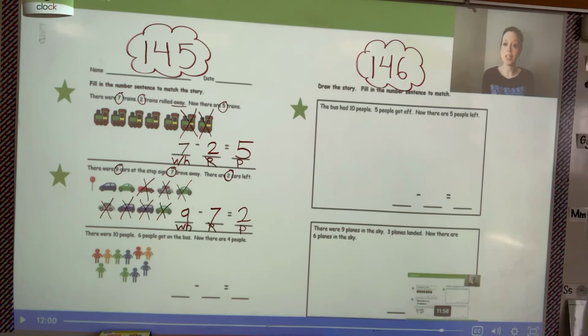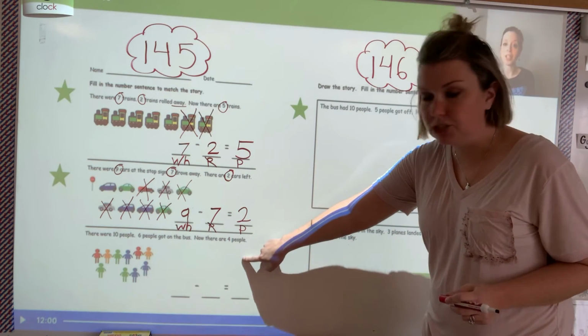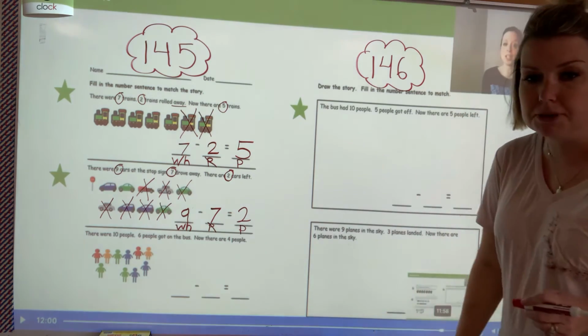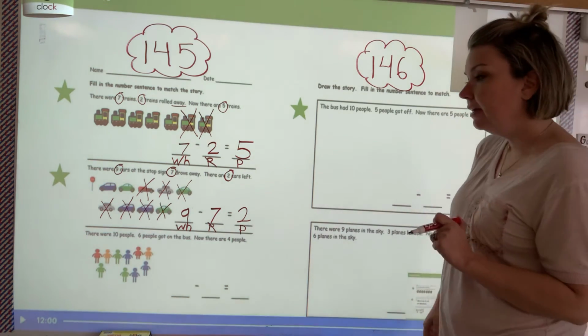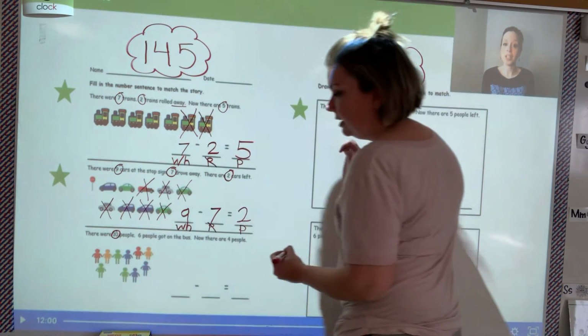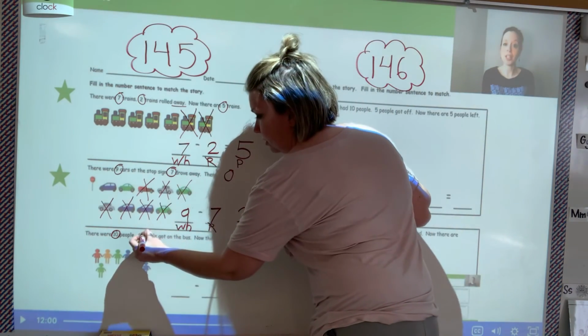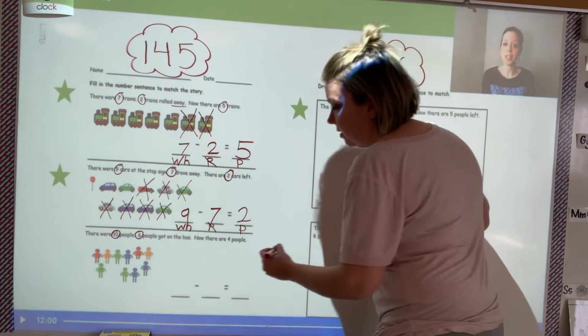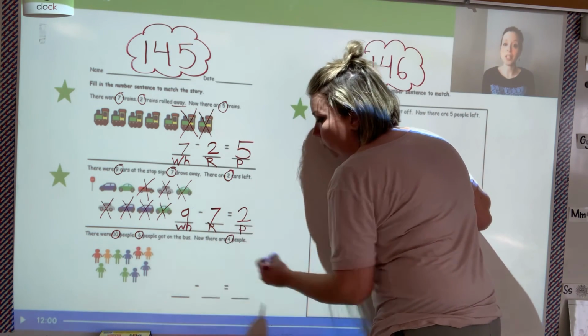I want you to do this one by yourself. I'm going to read it to you, but you're going to do the whole problem by yourself. There were 10 people. 6 people got on the bus. Now there are 4 people.